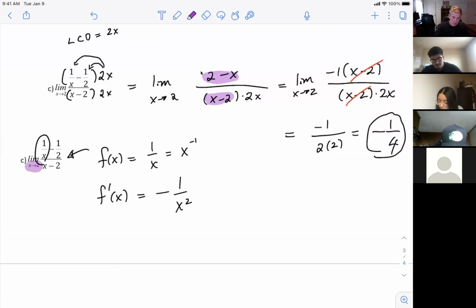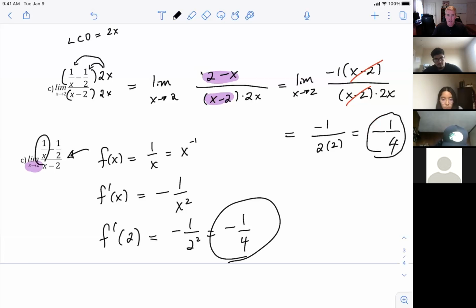And then this part is saying that x is becoming a 2. So plug in a 2. And then we get negative 1 over 4. So it's the same answer as last time.